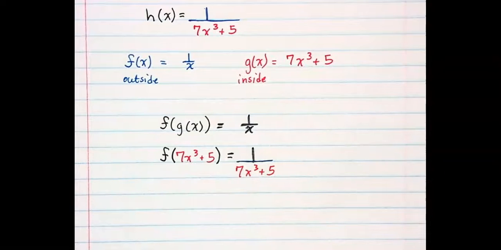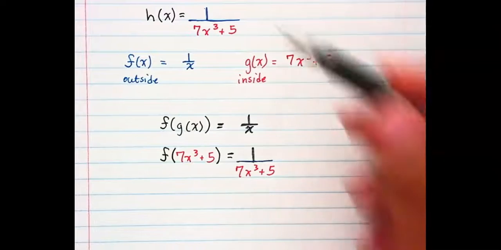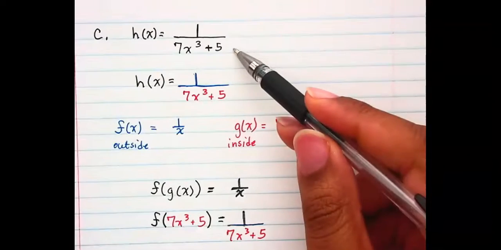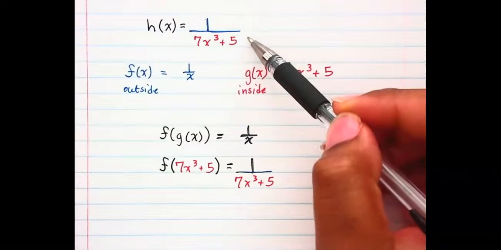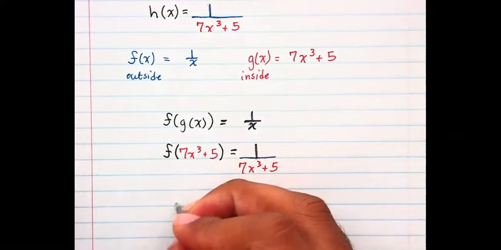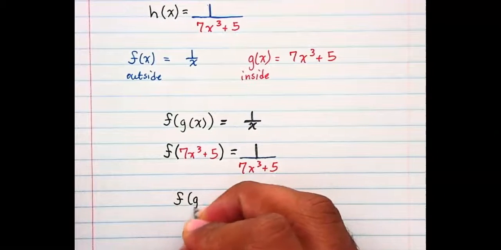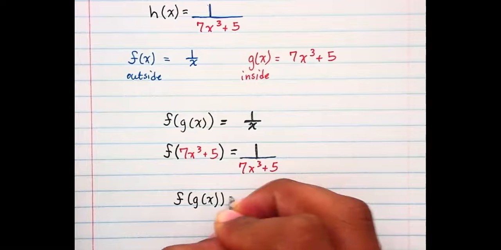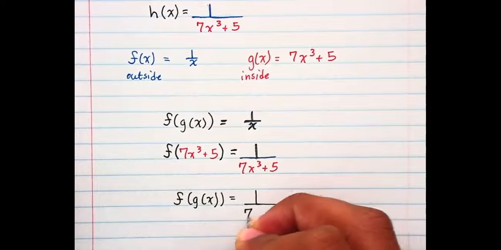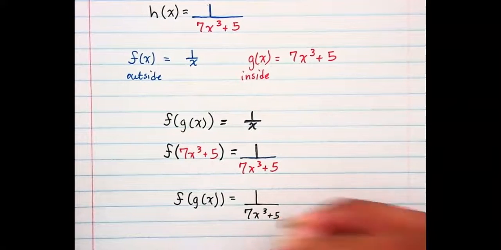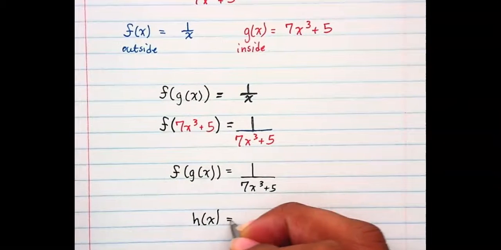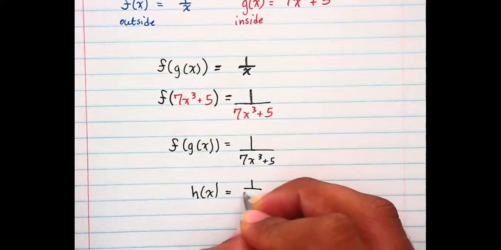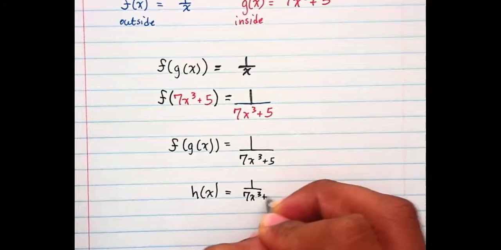Bang. And so here, that gives us exactly what we started off with at the very top up here. All right, so here, f of g of x equals 1 over 7x cubed plus 5, which is the same thing as saying h of x equals 1 over 7x cubed plus 5.